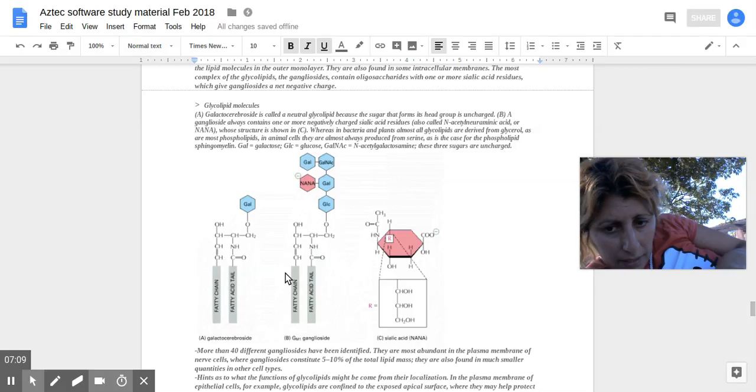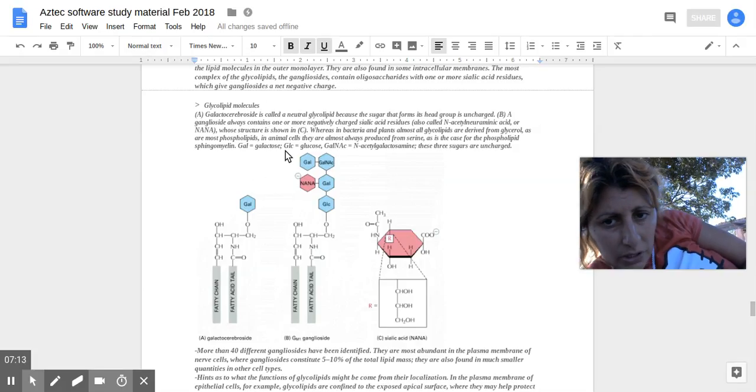So in this diagram, GAL is galactose, GLC is glucose, and GAL-NAC is N-acetyl-galactosamine.